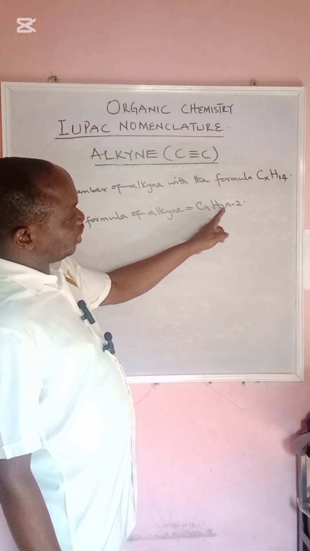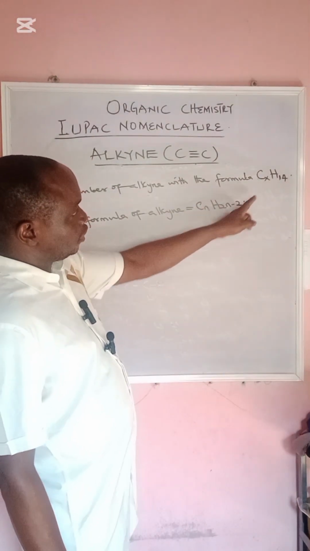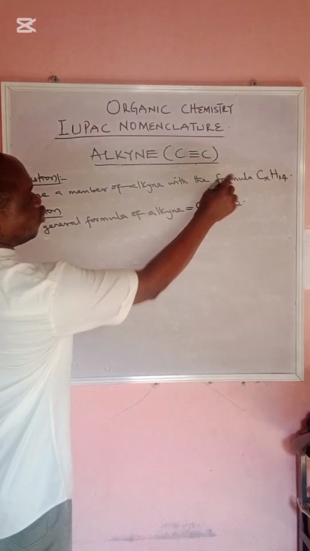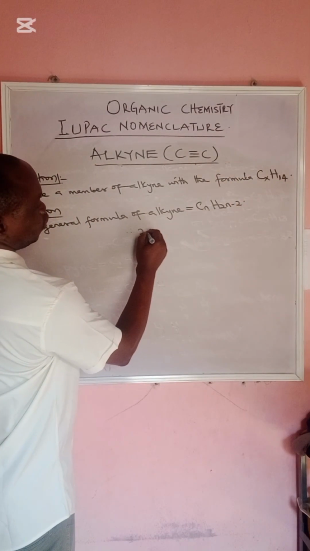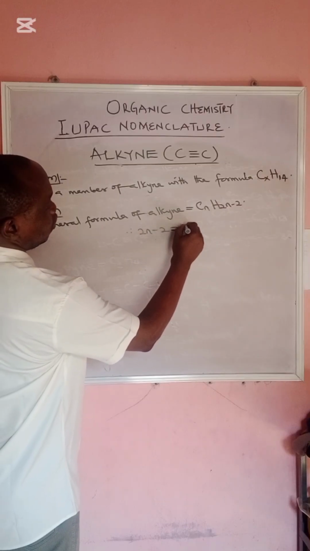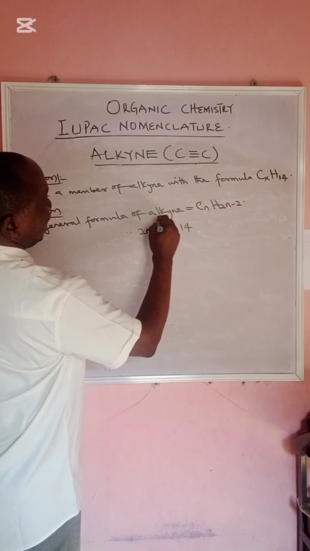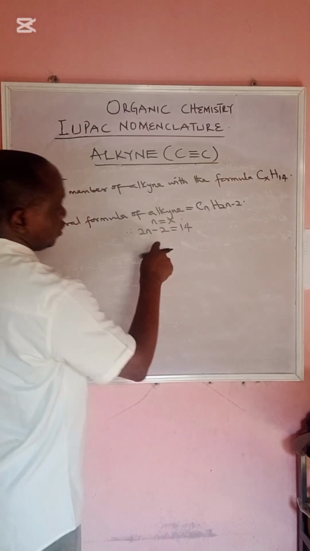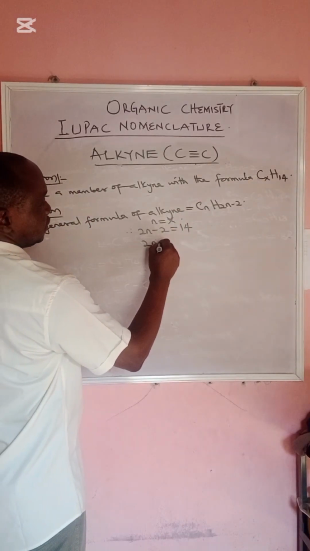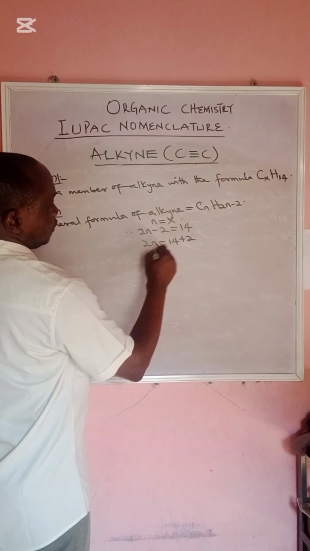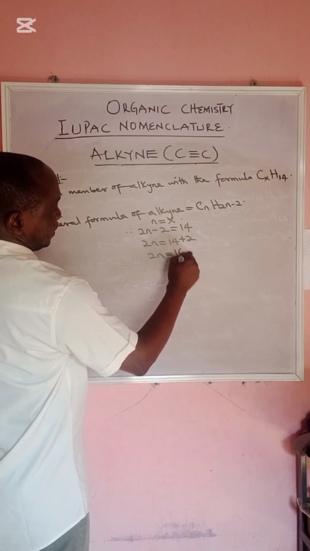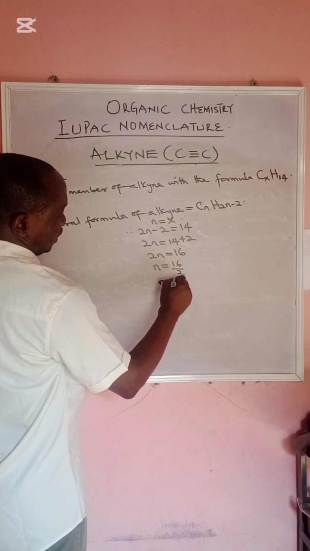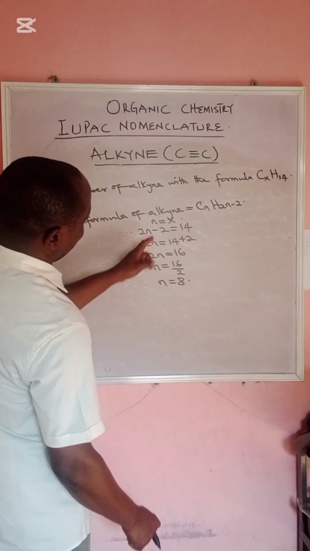But n, which is equivalent to x, with 2n minus 2 equals 14. So 2n is equal to 14 plus 2, 2n is equal to 16, n is equal to 16 divided by 2, n is equal to 8. So x is equal to 8.